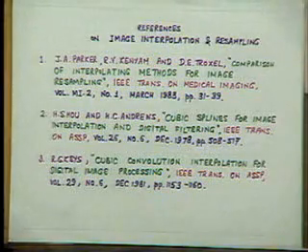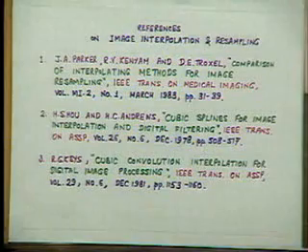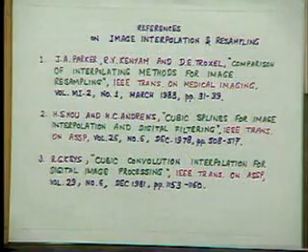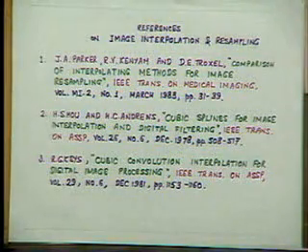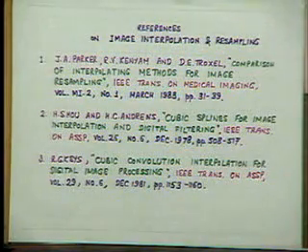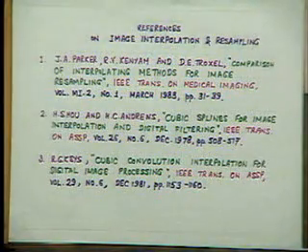The second reference is by H. S. Hou and H. C. Andrews. The title is Cubic Splines for Image Interpolation and Digital Filtering. It appeared in IEEE Transactions on Acoustics, Speech and Signal Processing, ASSP, volume 26, number 6, December 1978, pages 508 to 517.